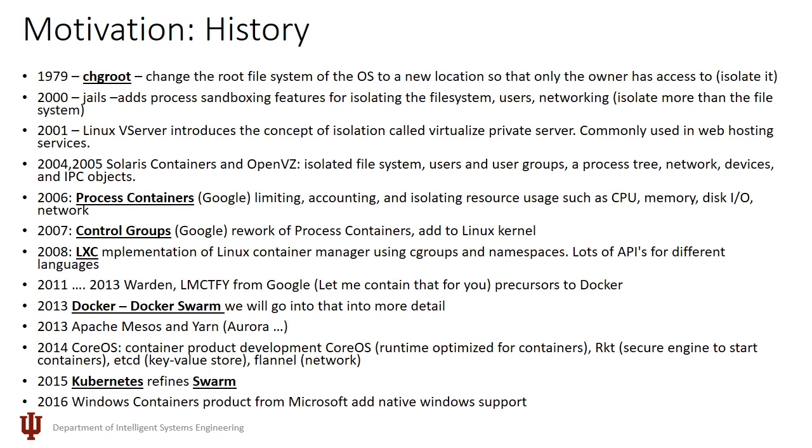After control groups were introduced, LXC used them, including the namespaces, and developed lots of APIs for different languages to use these isolation features to implement containers. Additional work was being done, for example, by Google that we will not go into much detail, but Docker came soon about in 2013, and we will be talking about this in much more detail.